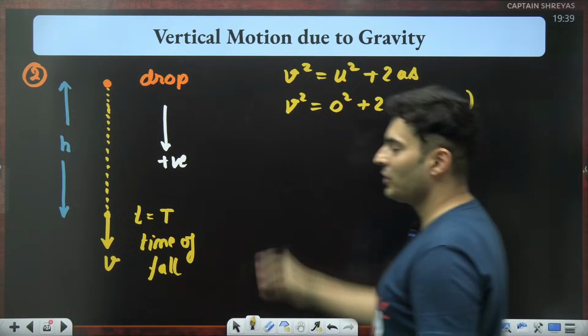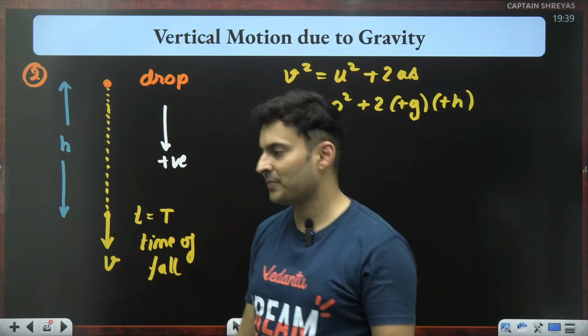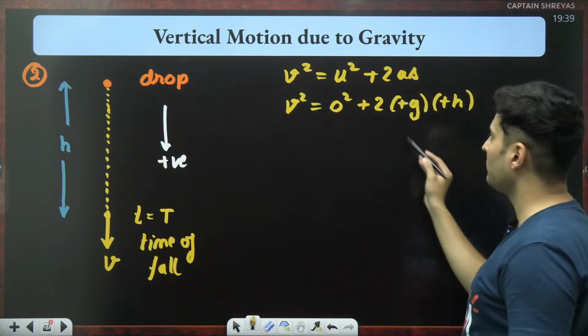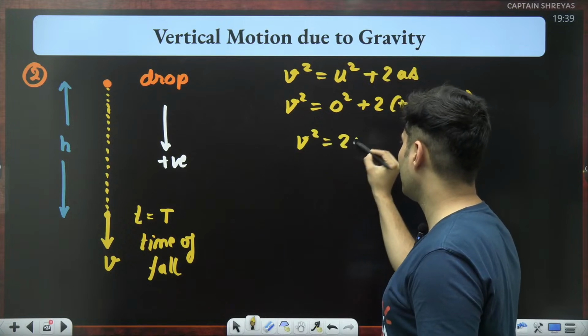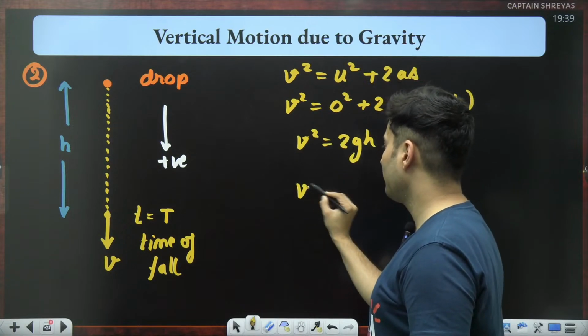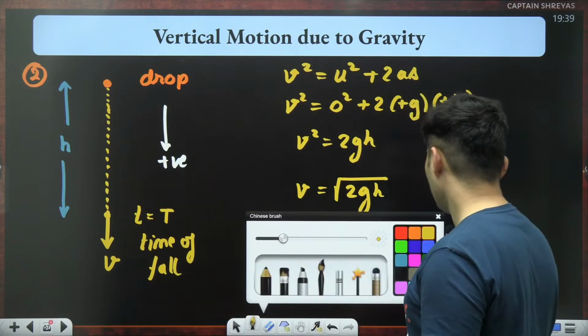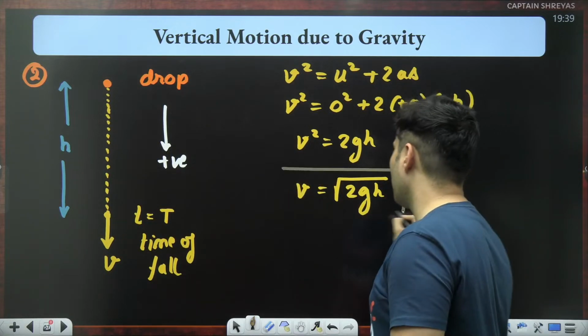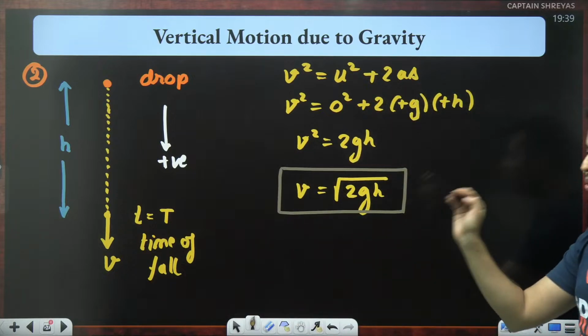Why plus h? Because downwards is taken positive and actually the displacement is downwards. So perfect, it is also positive. So 0 square is 0, so hence v square is 2gh. Therefore v is equal to root of 2gh. That's the answer. So the speed with which it hits the ground after height h is root 2gh.